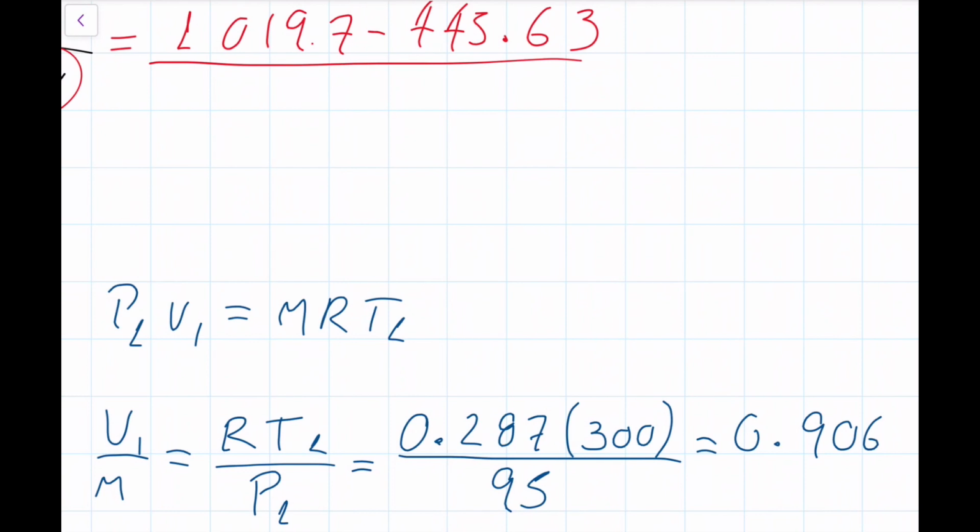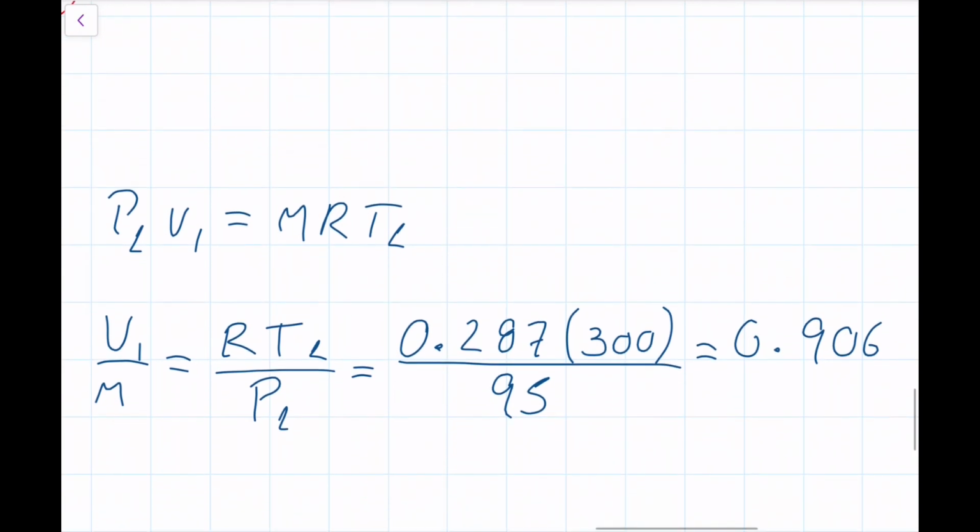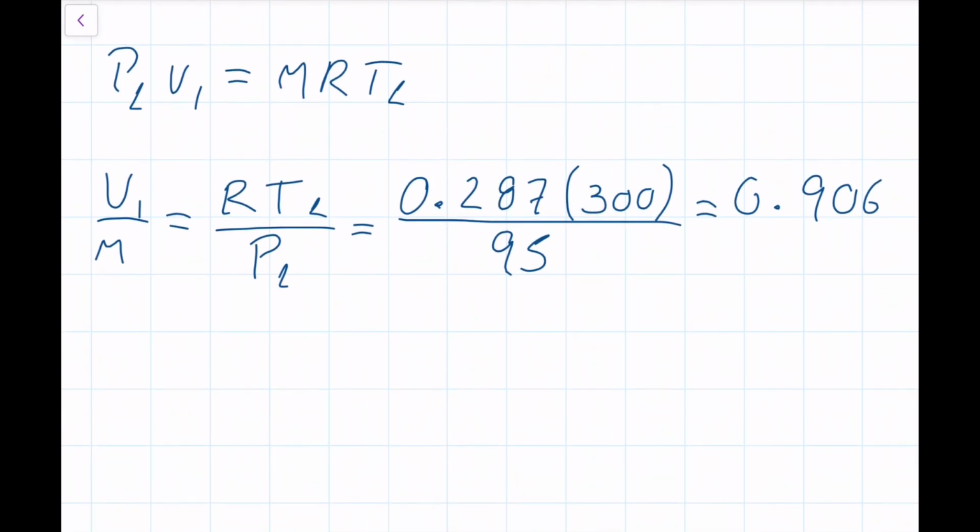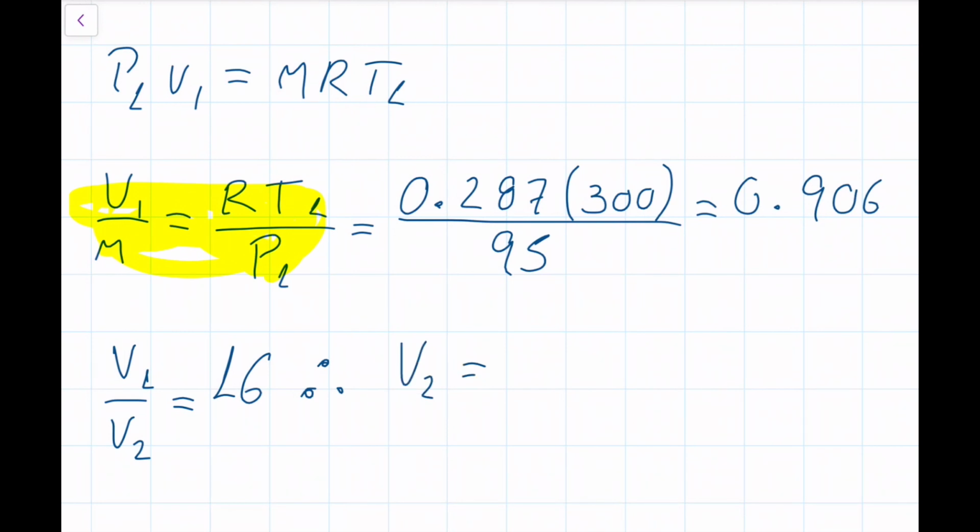Now you can calculate V2 if you want to, or you can just use the relationship between the maximum and the minimum, because we know that. It's really up to you. You can do the same equation, calculate your P2 first and then do this. Or, since we know that V1 over V2 is 16, which is the compression ratio, one of the first pieces of information we have, then V2 equals V1 over 16.